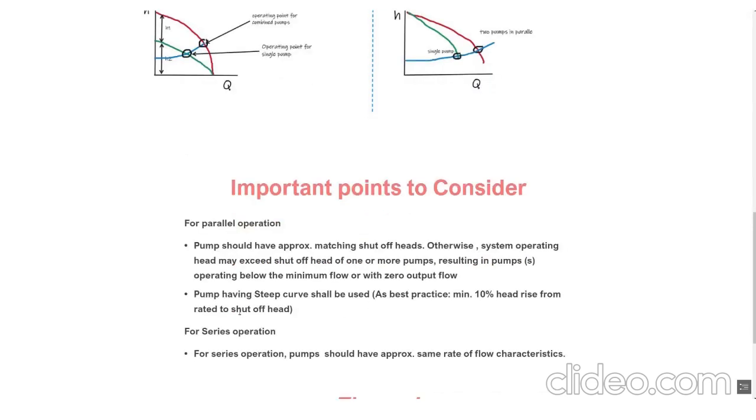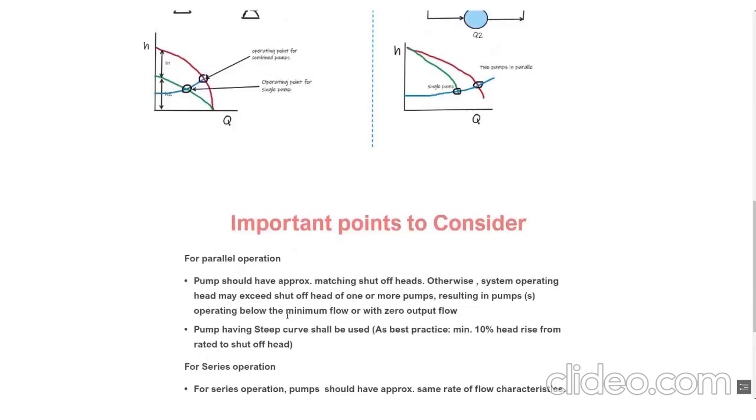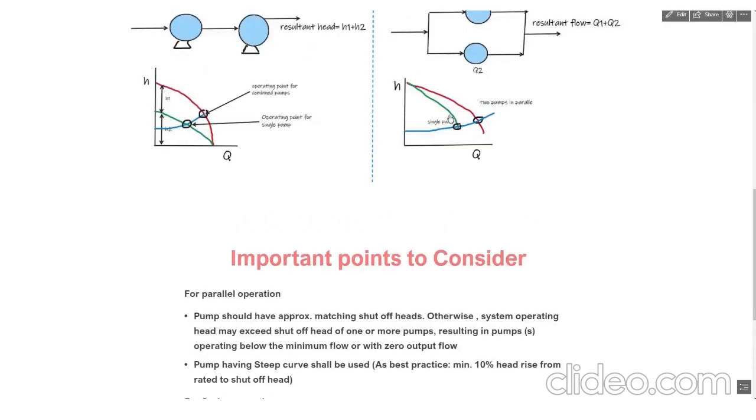The second thing is that pumps used in parallel operation should have a steep curve, and as best practice a minimum 10% head rise from rated to shut-off head. So the curve of each pump should be steep enough.